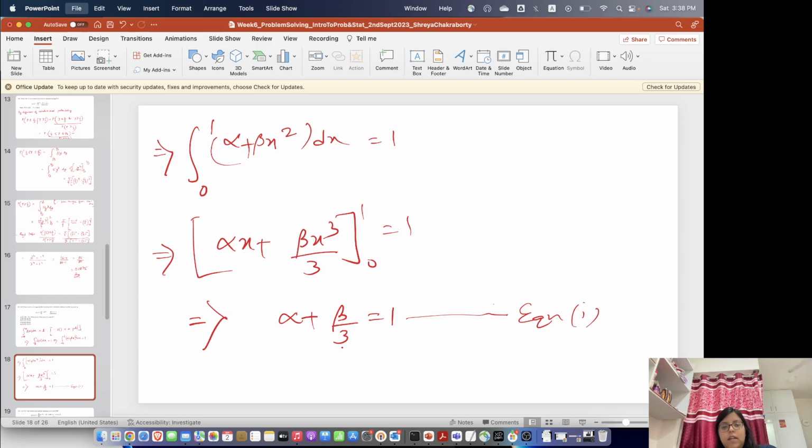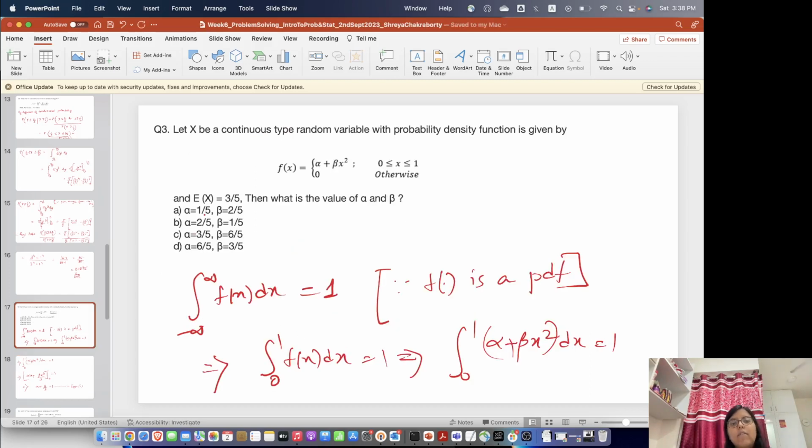Now, next, what have we been given? We have been given the expected value of x.